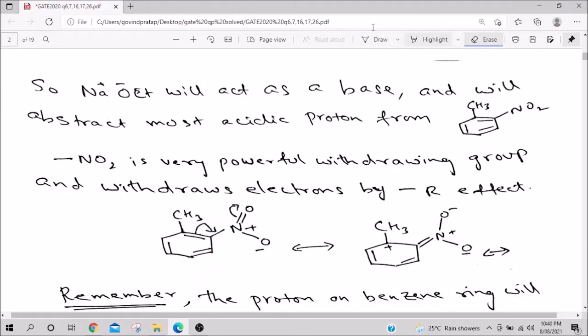Nitro is a very powerful electron withdrawing group. Let us look here on the benzene ring. Imagine this pi electron comes here, so nitrogen has a positive charge and then this bond comes here, and oxygen stabilizes the negative charge. So through resonance it pulls electron away from the benzene ring, and therefore it is a powerful electron withdrawing group, and it will help in stabilizing the conjugate base.